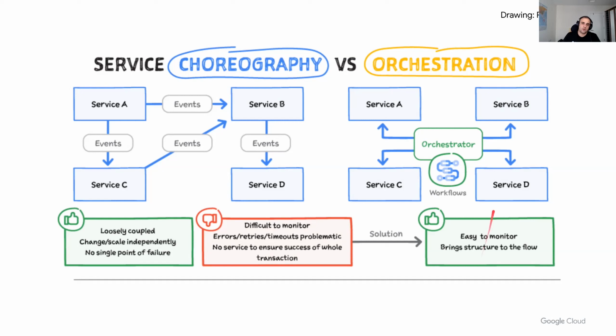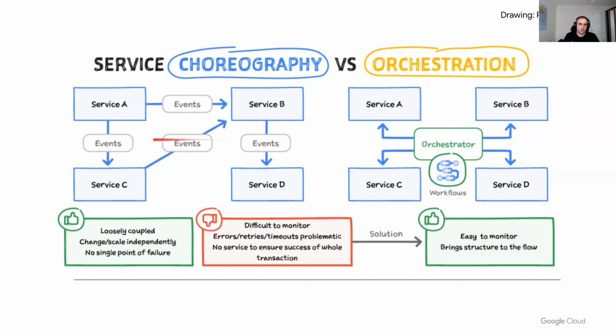Now, there are other ways of getting your services to cooperate. One is called choreography. It's basically an event-driven architecture. And this picture is a little bit misleading in the sense that it shows service A sending an event directly to service B. It doesn't really happen that way.